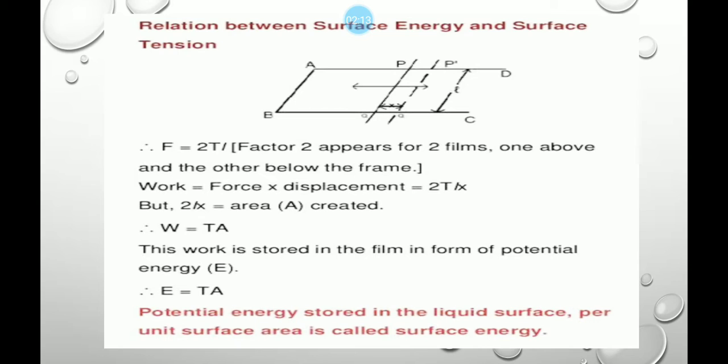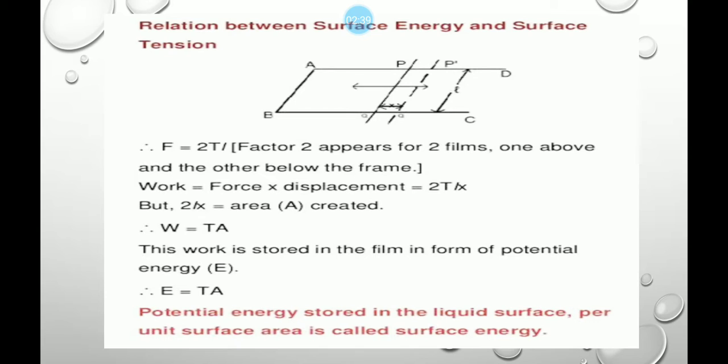Due to surface tension of the soap solution, a force F will act on each arm of the frame. Under the action of this force, the movable arm PQ moves towards AB.